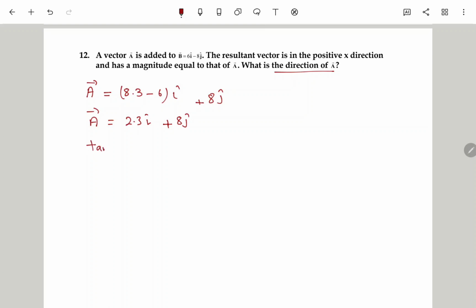Tan theta equals 8 divided by 2.3, or theta equals tan inverse 8 divided by 2.3. Theta in this case equals 74 degrees. And since A is in the positive x-axis and positive y-axis, this theta here is measured from the positive x-axis counterclockwise. No need to add anything here.